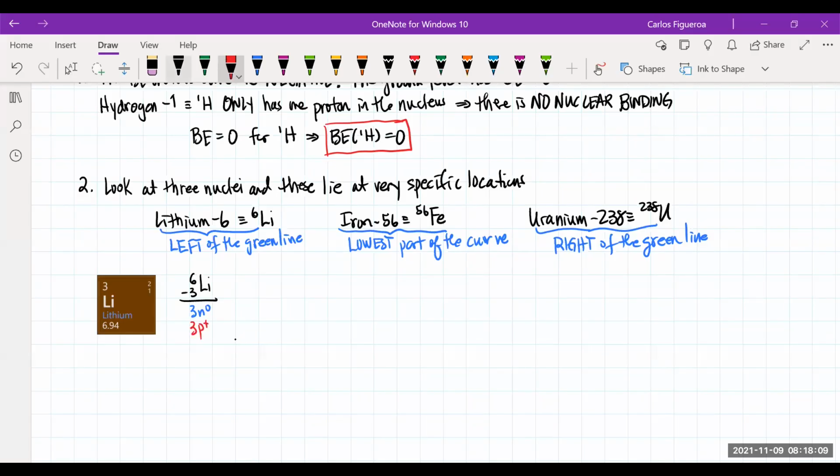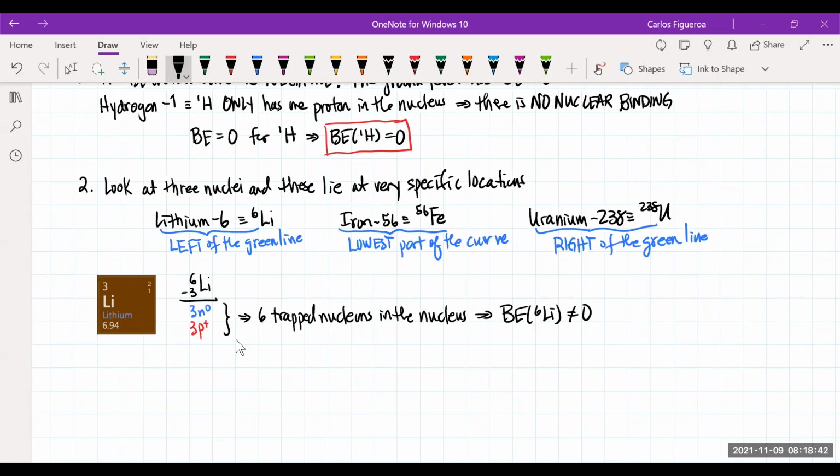So the first thing that this tells me is that right away, this immediately tells me that there are 6 trapped nucleons in the nucleus. And as a consequence, the binding energy for lithium cannot be 0. It was that way for hydrogen, but it can't be that way for lithium here.